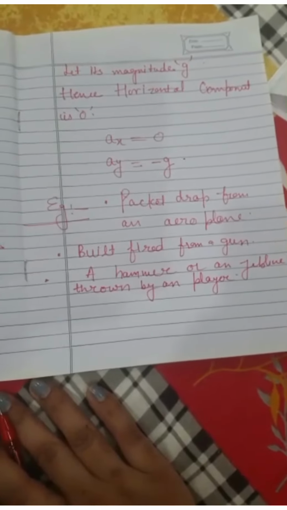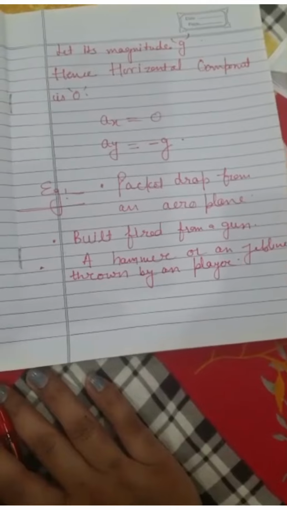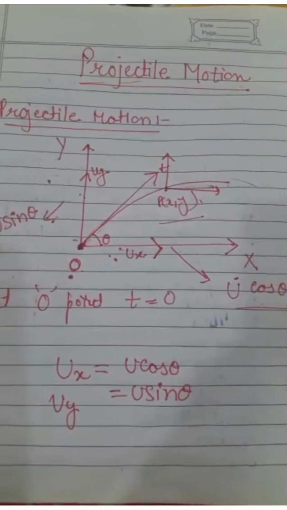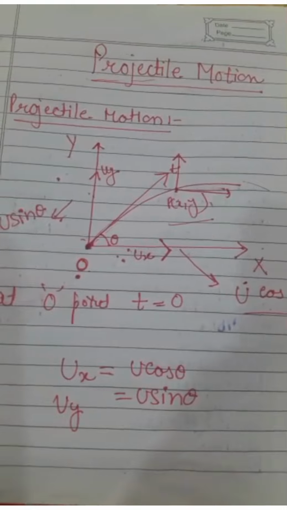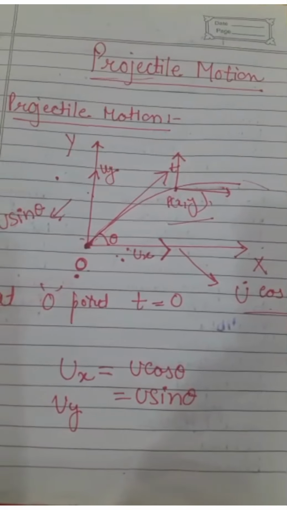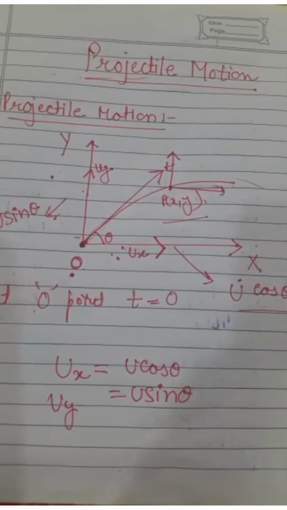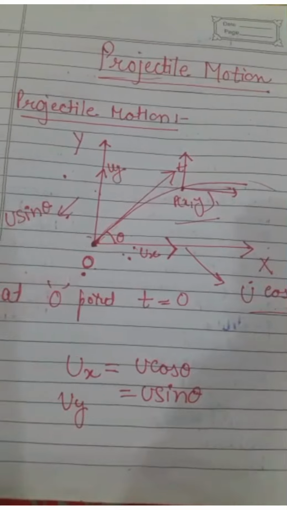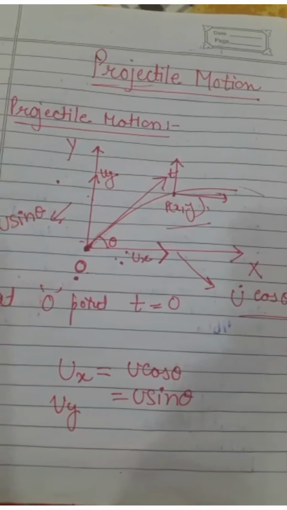This is the basics of projectile motion: what projectile motion is, and examples of it. We study projectile motion in two dimensions, so we take two coordinate axes, the y-axis and the x-axis. Then we resolve it into two components, cos theta and sin theta, and take the acceleration due to gravity, small g.